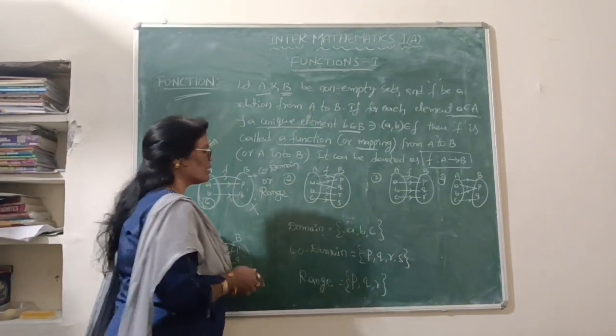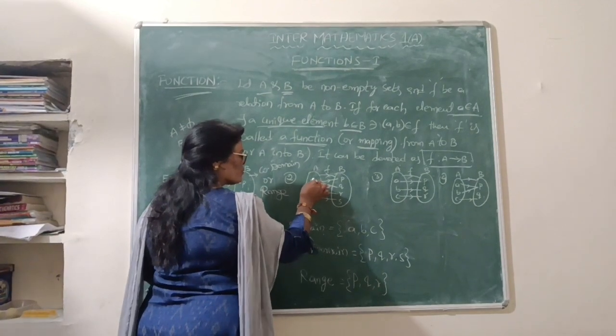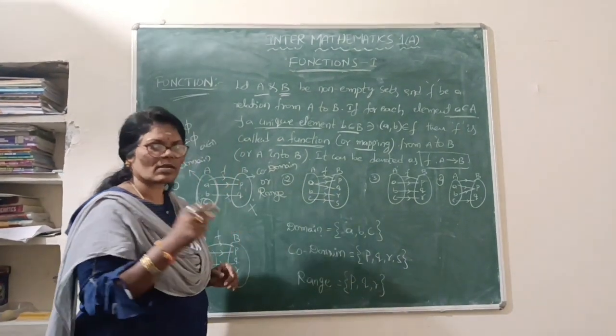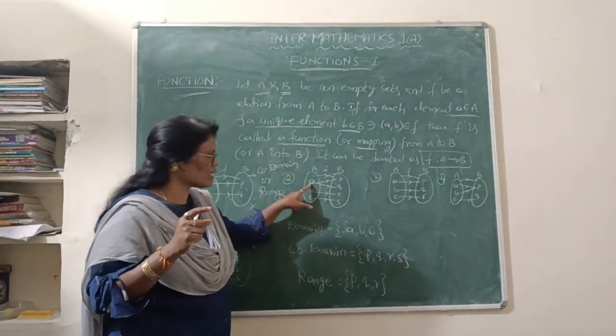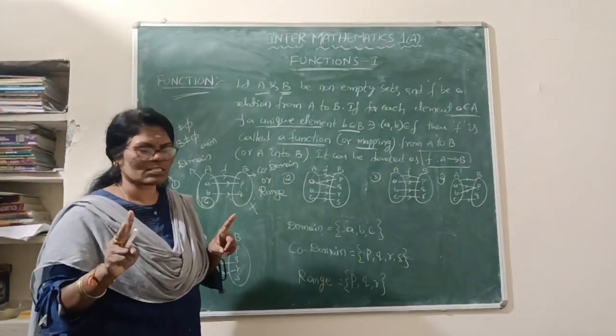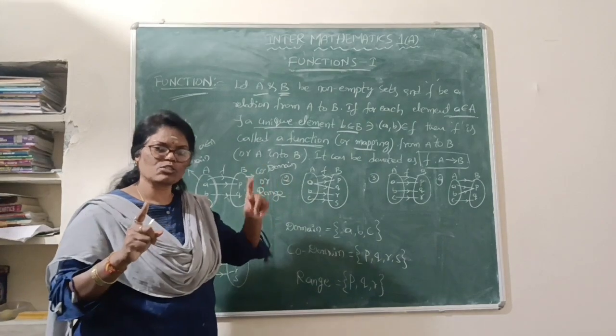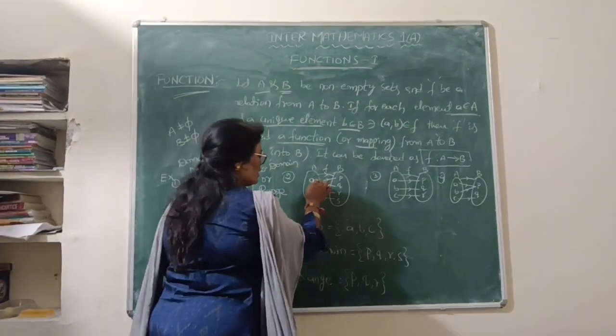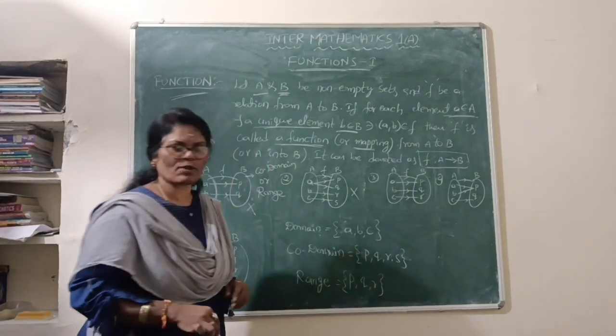But in this case the first element a has the images p and q. One element does not have two images; an element should have only one image. So that is also not a function.